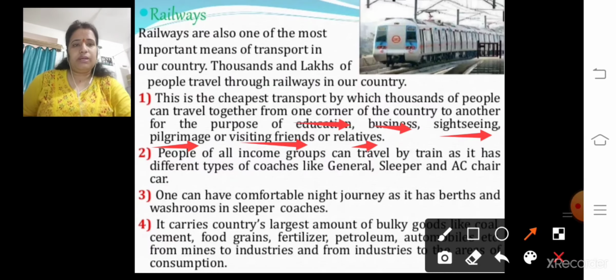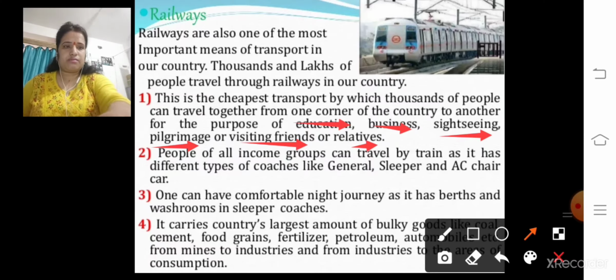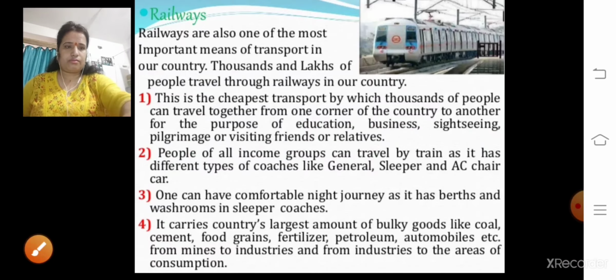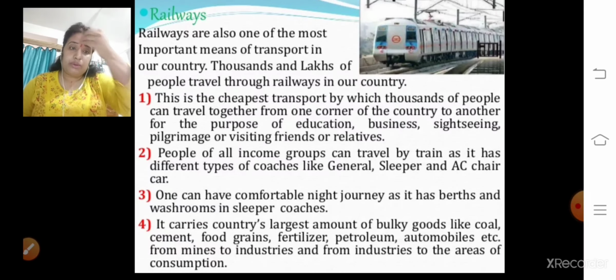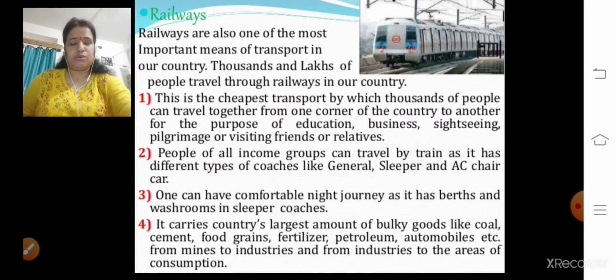People of all income groups can travel by train as it has different types of coaches like general, sleeper and AC chair car. One can have a comfortable night journey as it has berths and washrooms in sleeper coaches. It carries the country's largest amount of bulky goods like coal, cement, food grains, fertilizer, petroleum, automobiles, etc. from mines to industries and from industries to the areas of consumption.